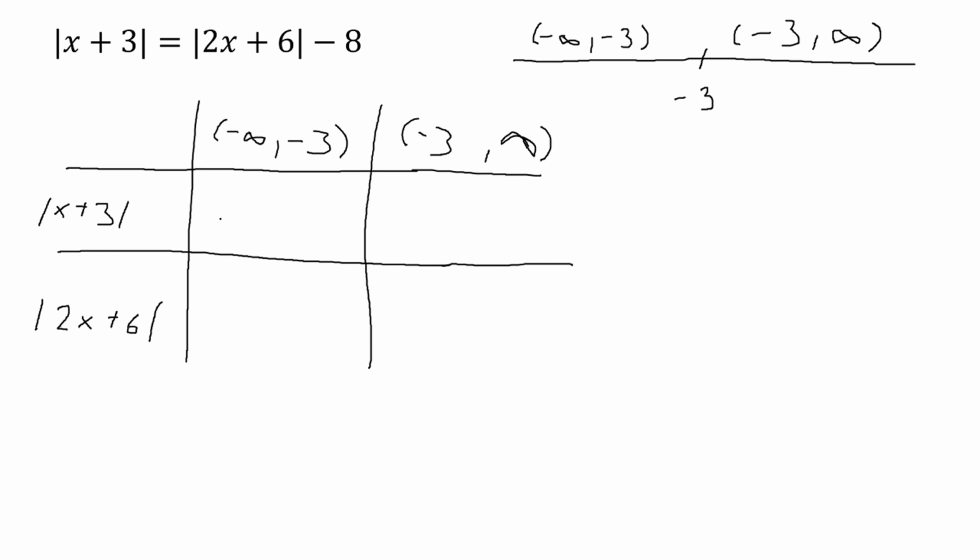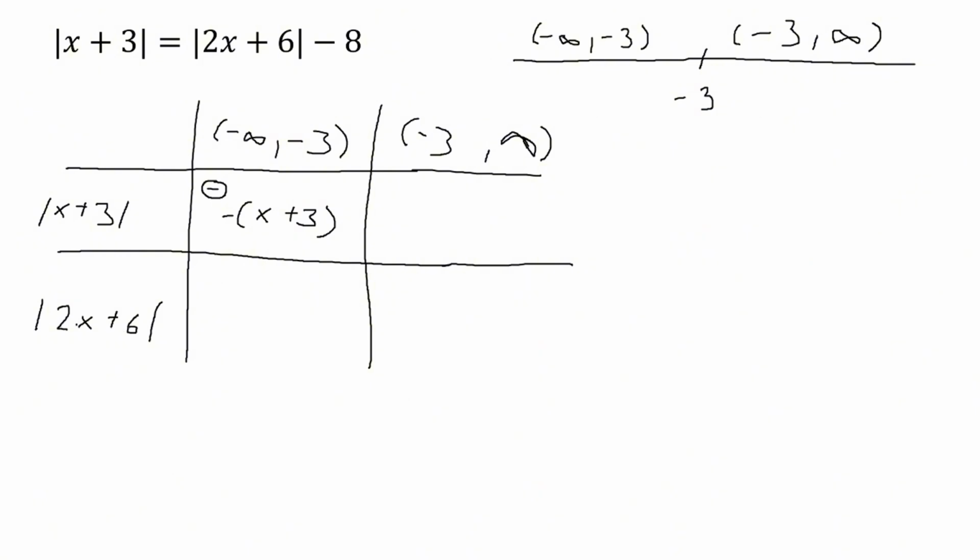So negative 4 plus 3 will be equal to negative 1. Therefore, this absolute value right here will always be negative when we plug in for x any number which belongs to this interval. So you can go and rewrite that as negative x plus 3 in parentheses.